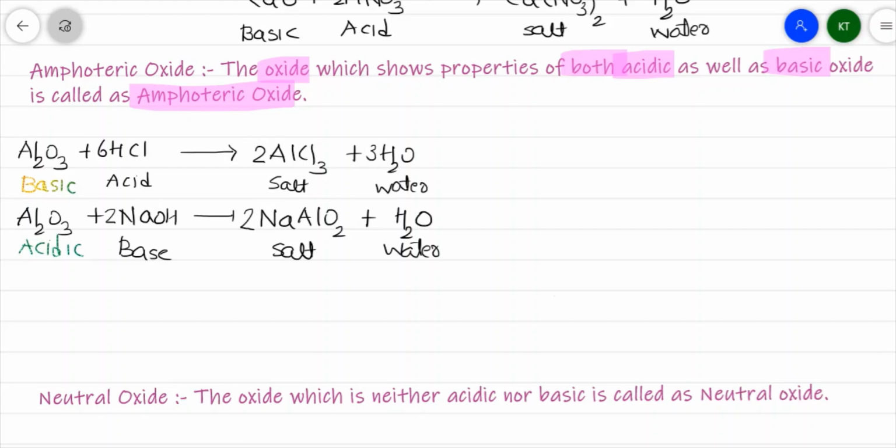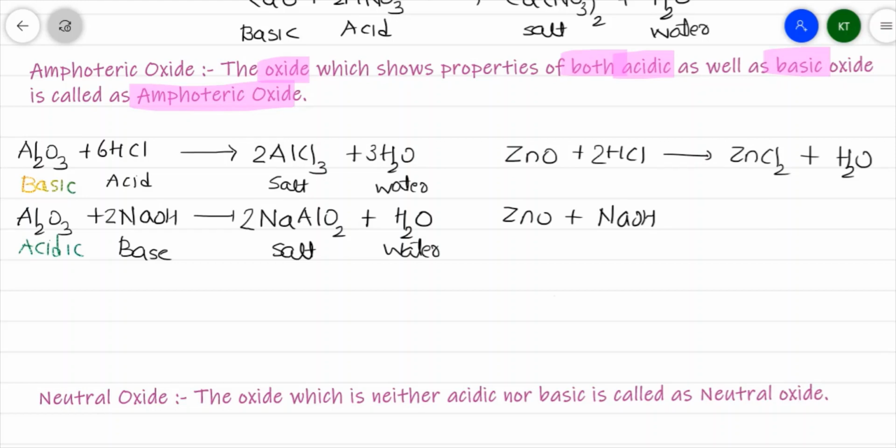Then another example in this particular category, I am having zinc oxide, that is ZnO. ZnO reacts with HCl, and ZnO reacts with NaOH. When zinc oxide reacts with HCl, it gives me ZnCl2 plus H2O. I multiply here by 2.